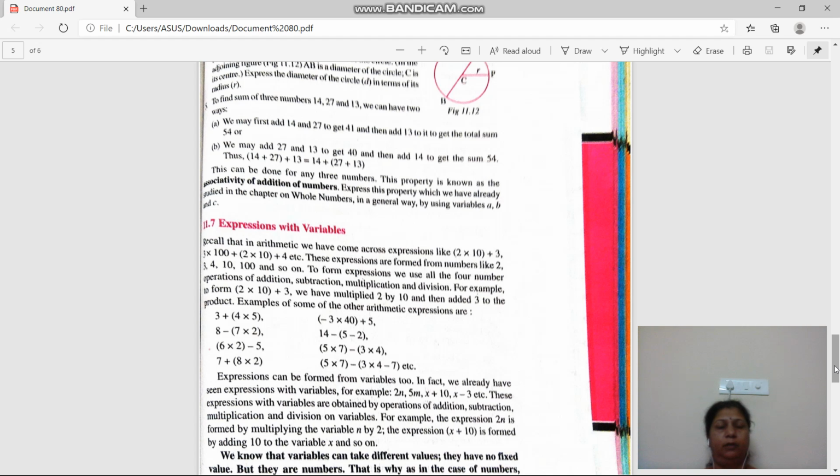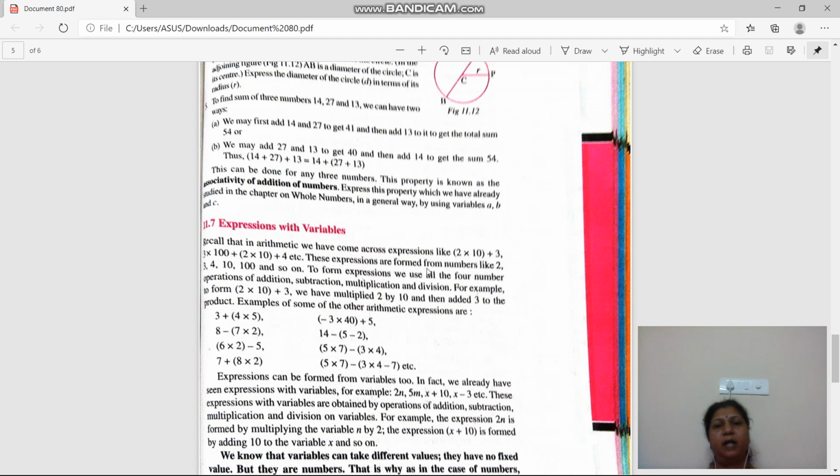But now onwards we will use variables in a different way, that is in arithmetic. Recall that in arithmetic we have come across expressions like 2 multiplied by 10 plus 3. We have studied such types of expressions, na? 3 multiplied by 100 plus 2 into bracket 2 multiplied by 10 plus 4.